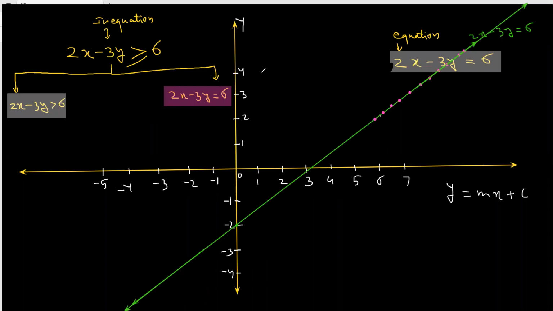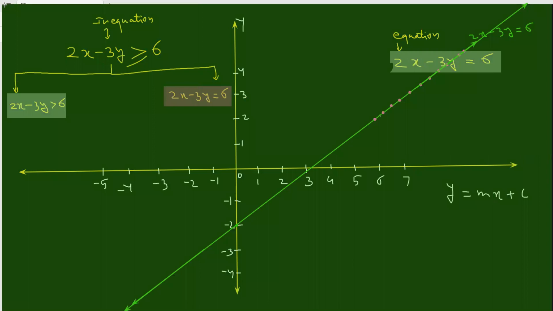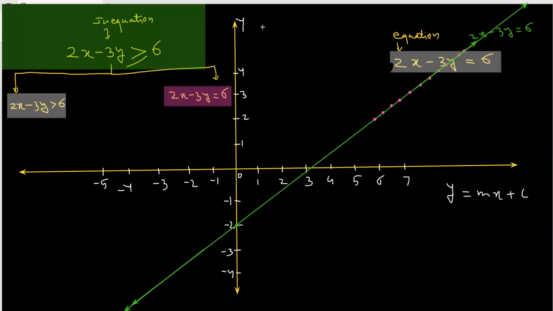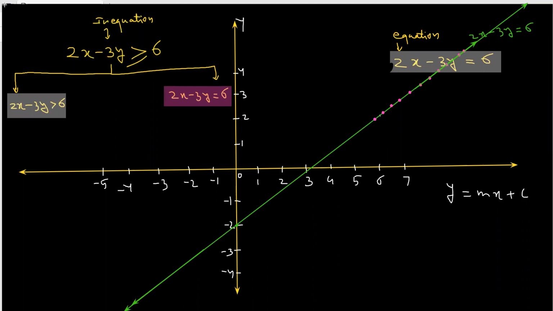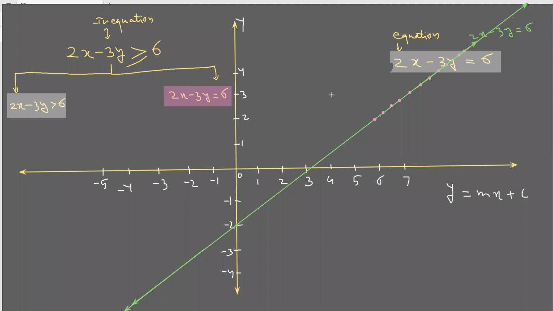Now this line will divide the plane of xy. This plane is divided by the line in three disjoint sets, or three regions. What are those three regions?